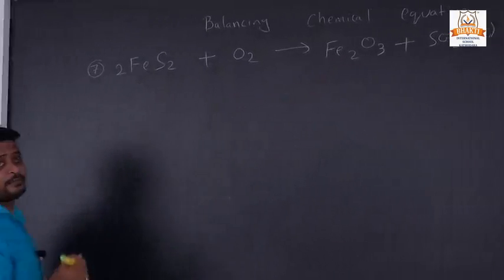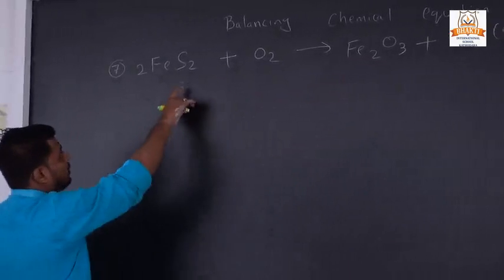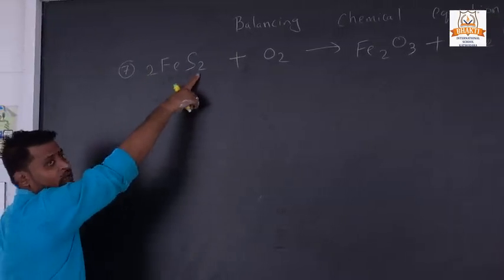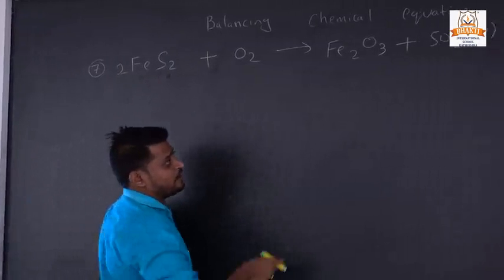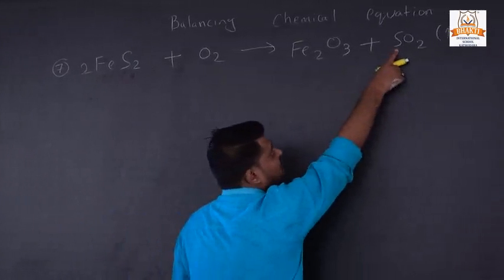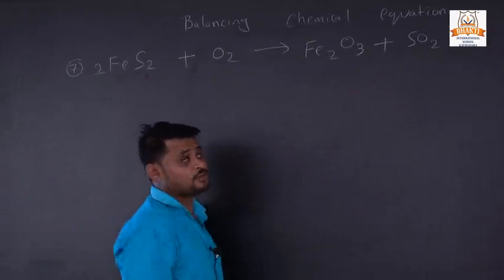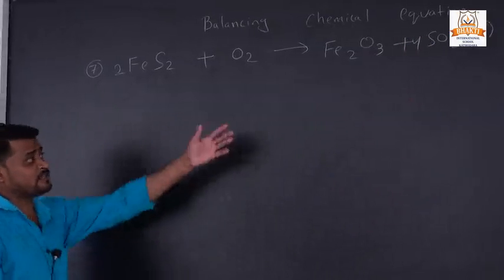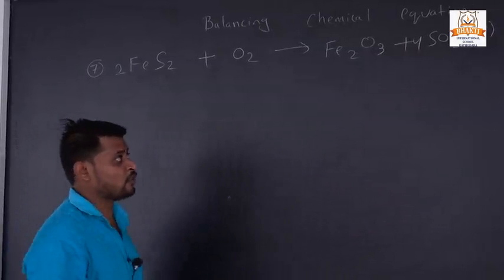Now our next step, non-metal. So here non-metal was sulfur and the molecules of sulfur 2 2 is 4 in reactant, and in product molecules of sulfur was 1. So we have to multiply here 4. Now we will change non-metals, molecules of non-metals.